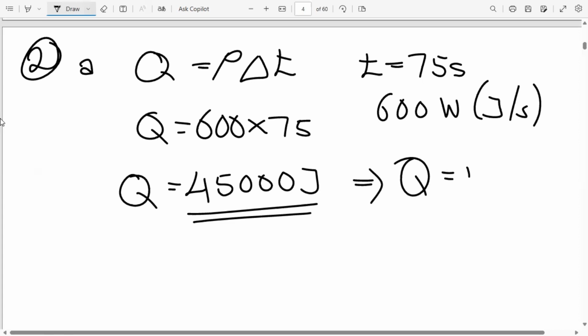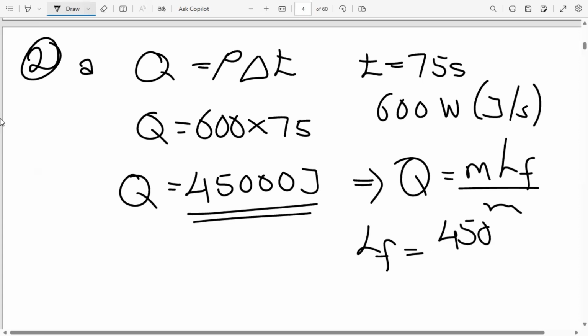Q is equal to mass multiplied by latent heat of fusion. Divide both sides by mass. That means our latent heat of fusion will be equal to Q, of which Q is 45,000 joules, divided by the mass. They've already given us the mass, to say it's 0.2 kilograms. That means the latent heat of fusion is equal to what?